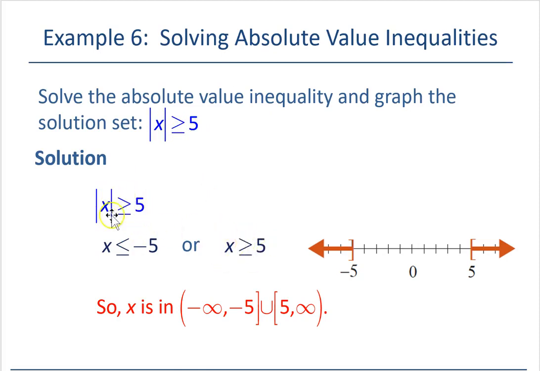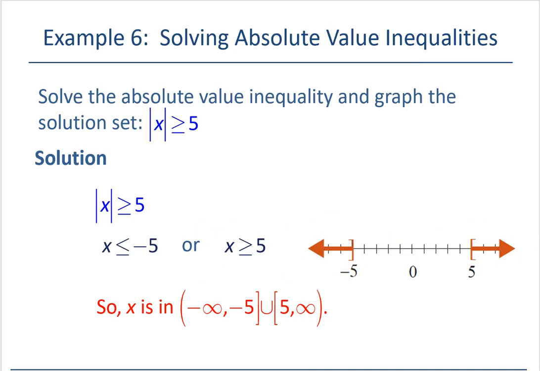Simple. But notice, when we create the negative, we have to flip the sign. Look at how that's going to be graphed. You have x is less than or equal to negative 5, going that direction, and x is greater than or equal to 5, going that direction. So x cannot be anything in between, but it can be anything up to negative 5 and up to 5, and infinitely beyond either one of those.